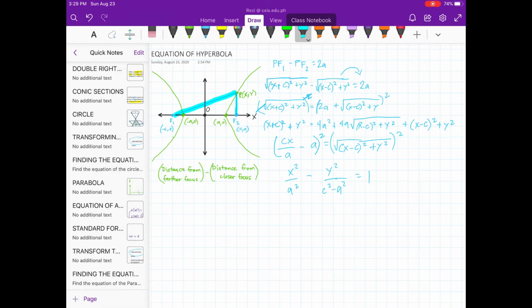Notice that this term, c squared minus a squared, is familiar from the Pythagorean theorem. Through this, we define the length of the conjugate axis as 2 times b.